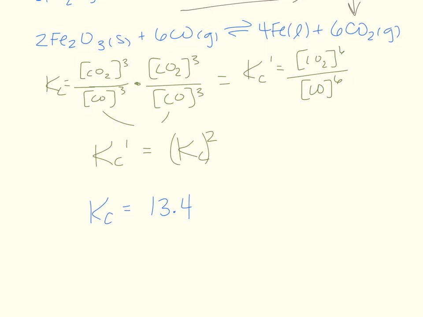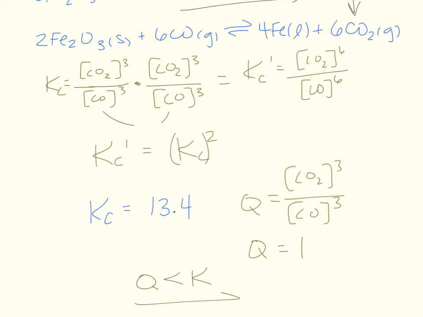So Q, because it doesn't say it's at equilibrium, will be equal to the concentration of CO2 cubed divided by the concentration of carbon monoxide cubed. And if both of these have the exact same concentration, then that means that Q is equal to 1. And so if Q is equal to 1, Q is less than K, and the reaction will go towards the products until equilibrium is reached.